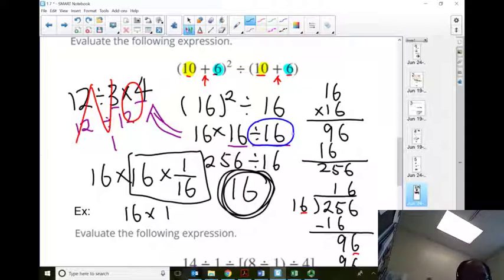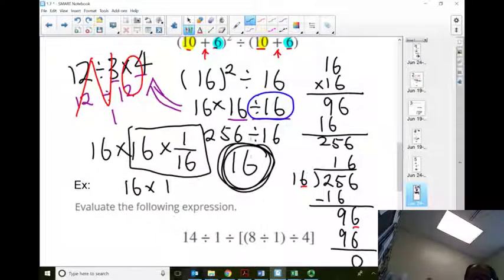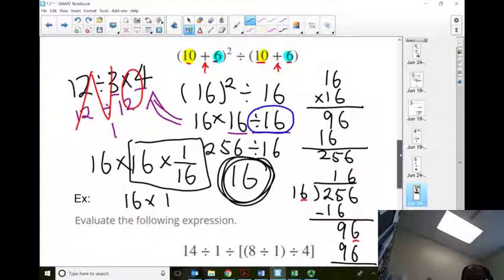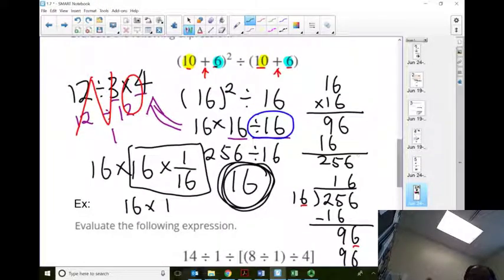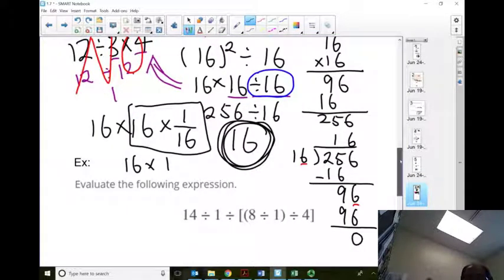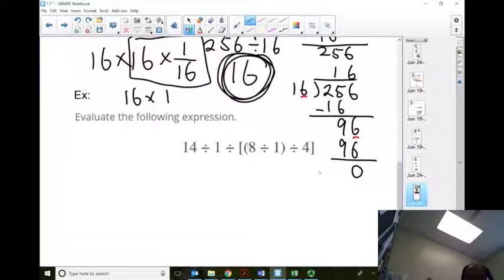It's not legit for this 12 divided by 3 times 4. Okay, it's two totally different problems. So, best thing to do in this module, multiplication and division on the same level, do them from left to right. Addition and subtraction are on the same level, do them from left to right.